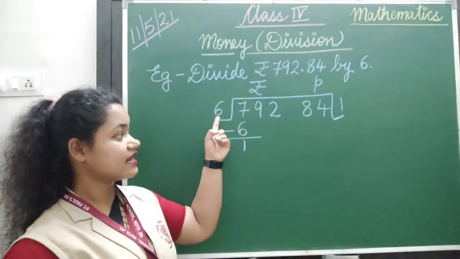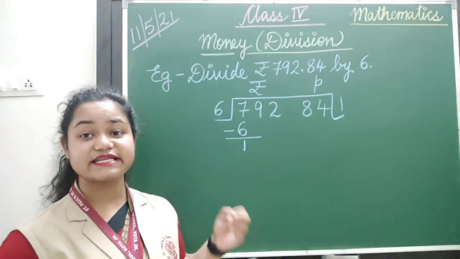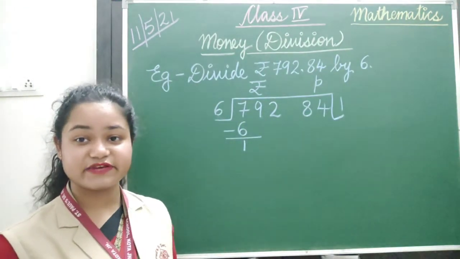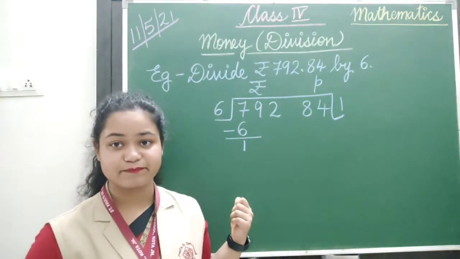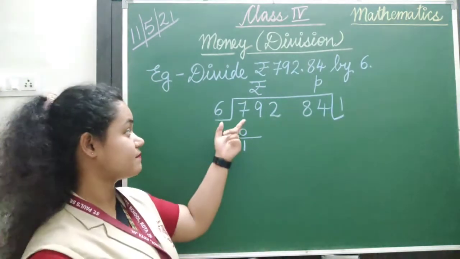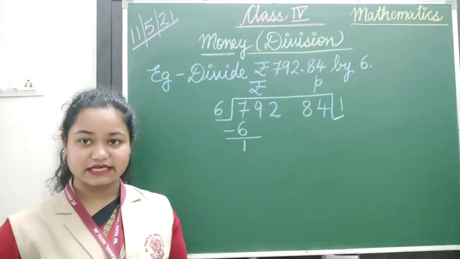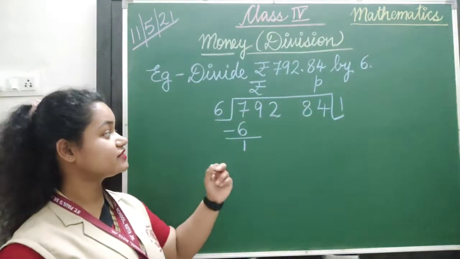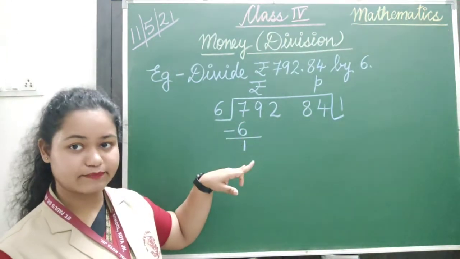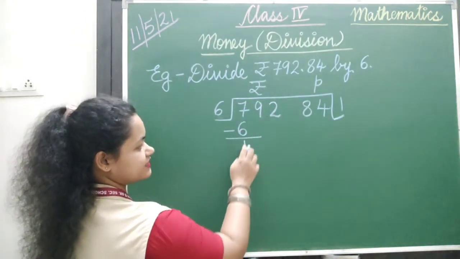So I can say the table of 6 and see whether 7 is coming. 6 ones are 6, 6 twos are 12, which is much greater than 7, and 6 ones are 6, which is less than 7. So we take the number which is nearest to this digit, and it should be smaller. So 6 ones are 6, 7 minus 6, 1.